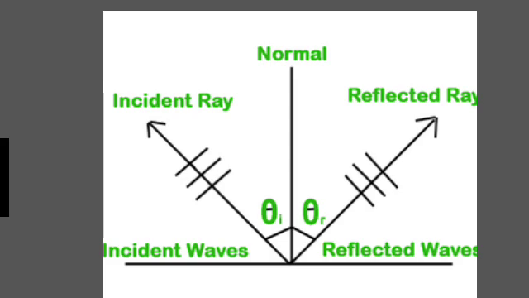The direction in which the sound is incident on the reflecting surface and the reflected ray make equal angles with the normal, and all three are in the same plane. An obstacle of a large size, which may be polished or rough, is used for the reflection of sound waves.